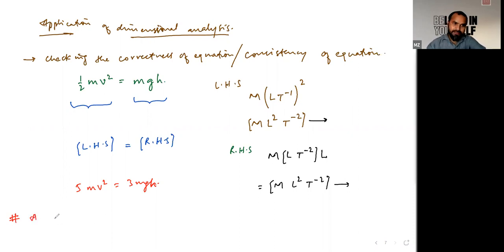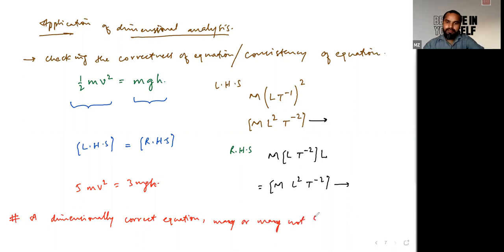So we can simply define: a dimensionally correct equation may or may not be correct, but a dimensionally incorrect equation is always wrong.